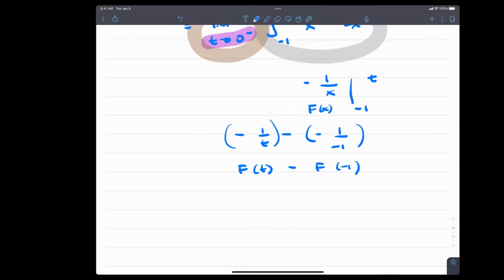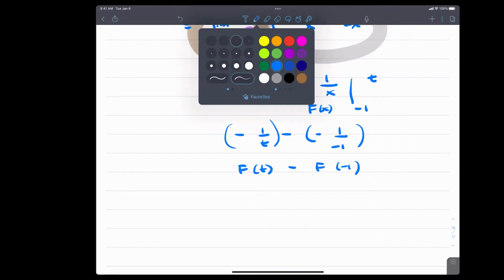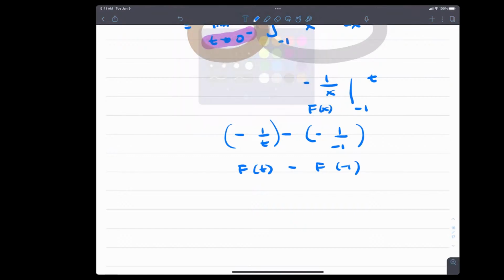So that's negative 1 over t minus negative 1 over negative 1. So anyway, you end up with what? 1 over t minus 1, I guess. Okay, you guys okay with that one?